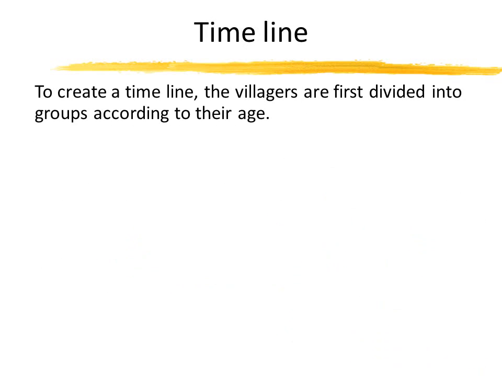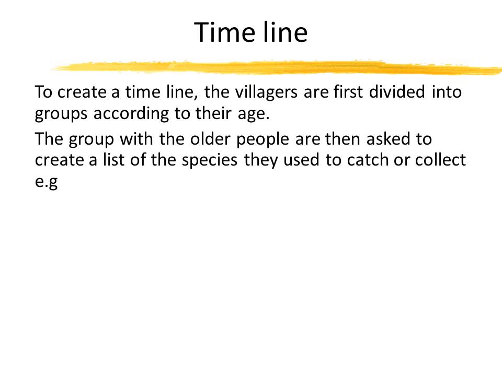If you also like to get an idea about the development of the species composition over time, you can use a tool such as the timeline. For this exercise, people are grouped according to age. The older ones are asked to come up with a list of species they used to catch or collect when they were young, for instance, 25 years ago.